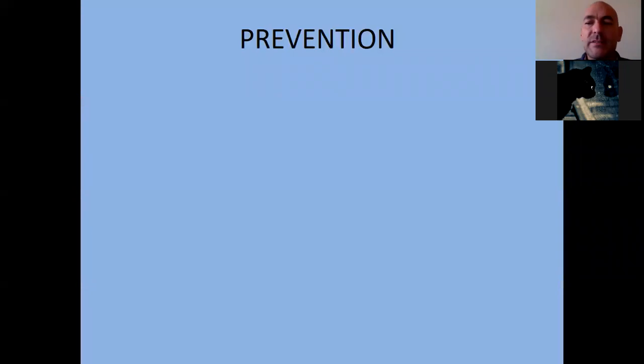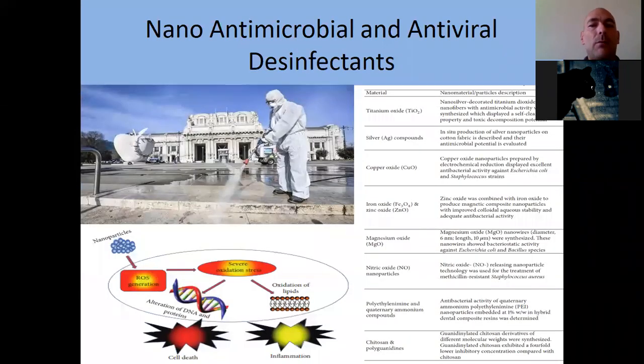So the first part of this lecture is prevention, and I will start with nano antimicrobial or nano antiviral disinfectants. The idea is to spray, to coat, basically to change the surface where there is a possible binding of the virus and kill the virus.